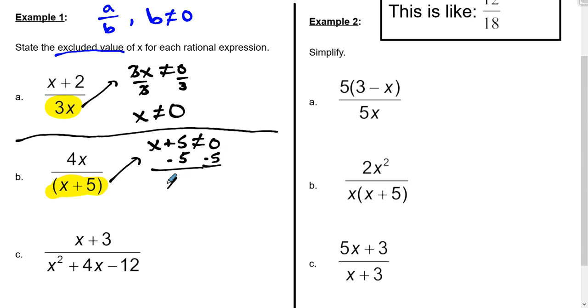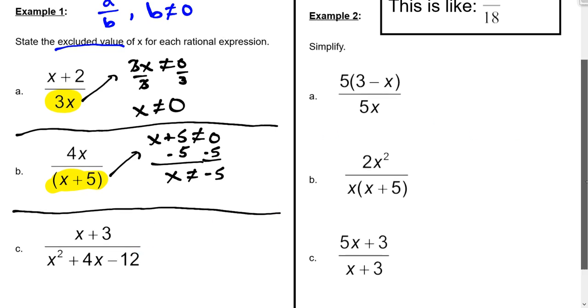I'm going to end up with just x over here, and that's not allowed to be equal to negative 5. So x cannot equal negative 5 would be the answer to this question. If it was phrased, for what value of x is the rational expression undefined, I would put x equals negative 5, okay? But whether it's x equals or x does not equal negative 5 really depends on the question that is being asked. So please just make sure you're paying attention to that.